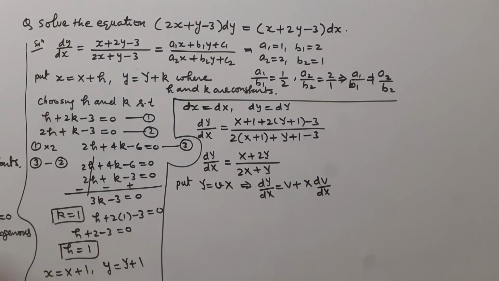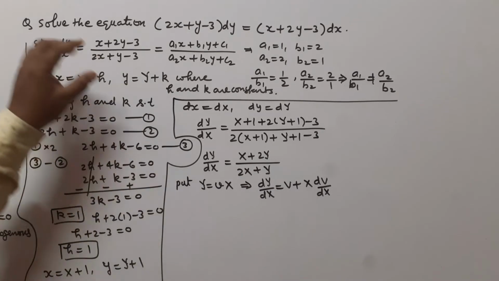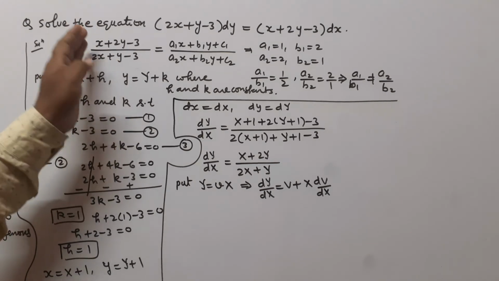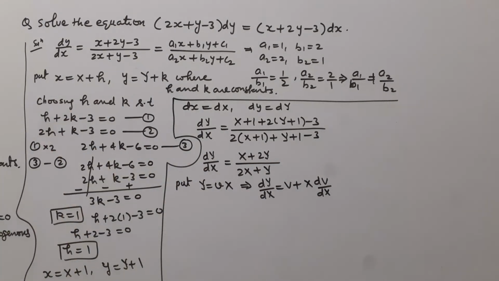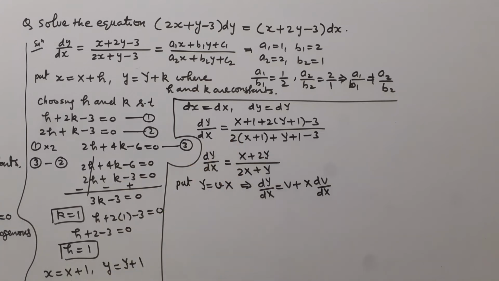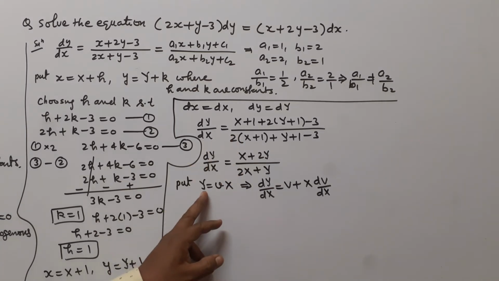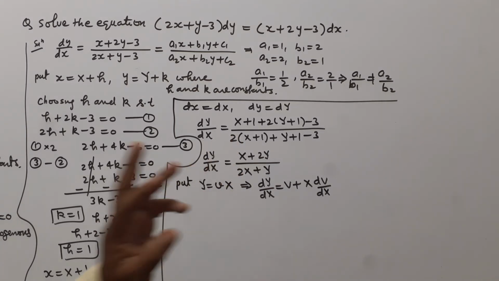You can see by the substitution, in place of small x we put capital X plus 1, in place of small y we put capital Y plus 1. We can see the above equation reduces to homogeneous form. Now we solve this homogeneous form by substituting capital Y equal to v capital X.